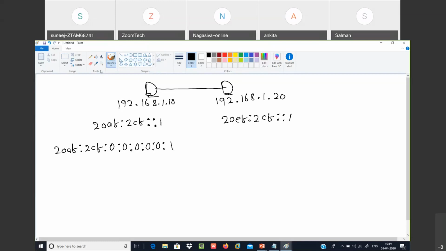The 8 quartets, right? Now for the second example, same address. The only difference is here, 20EF, right? 20 here is what? E, yeah.